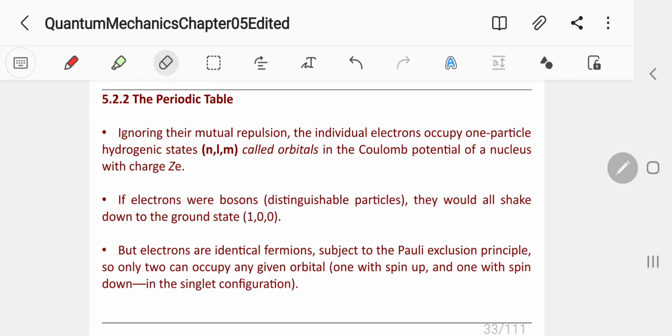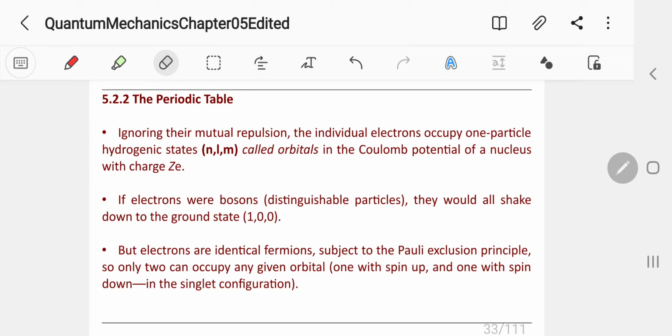If the electrons were bosons or distinguishable particles, they would all settle down to the ground state 100, and it would have an impact on the chemistry that we know now.